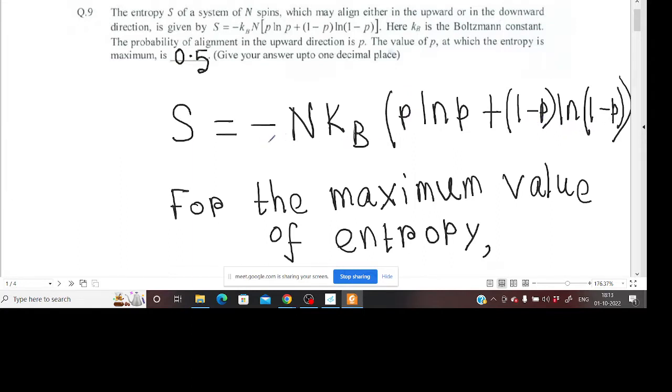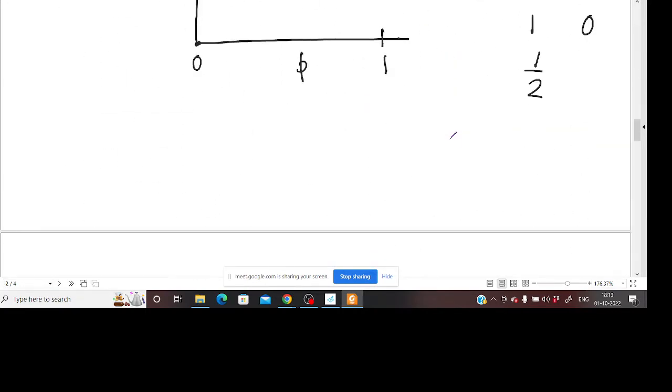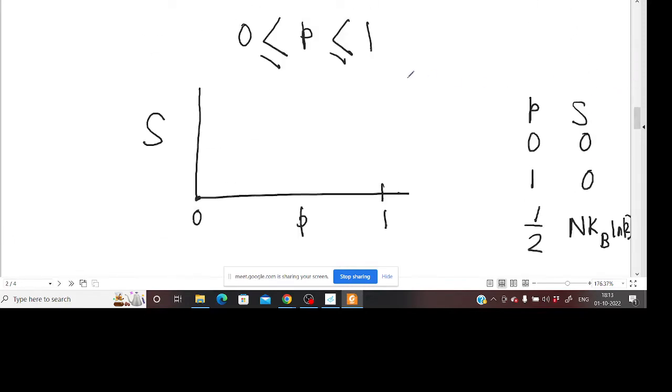Then it will be equal to minus n kB log half, or n kB log 2. So S by n kB, if we plot it as a function of p, then it will be like this.